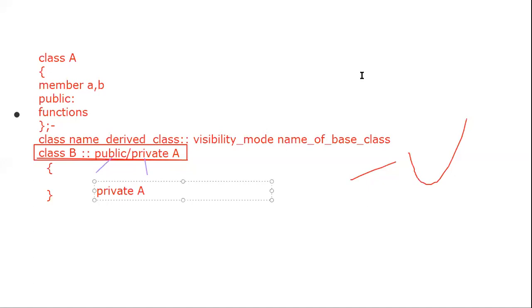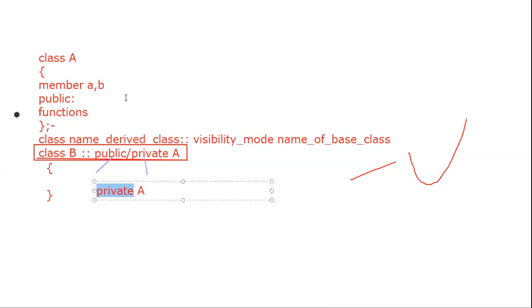Is it clear? Sir, please explain it once again. Okay, I will repeat this one. Once we mark it as private A, it is going to inherit some data and properties from this class A. Is this clear? Yes.